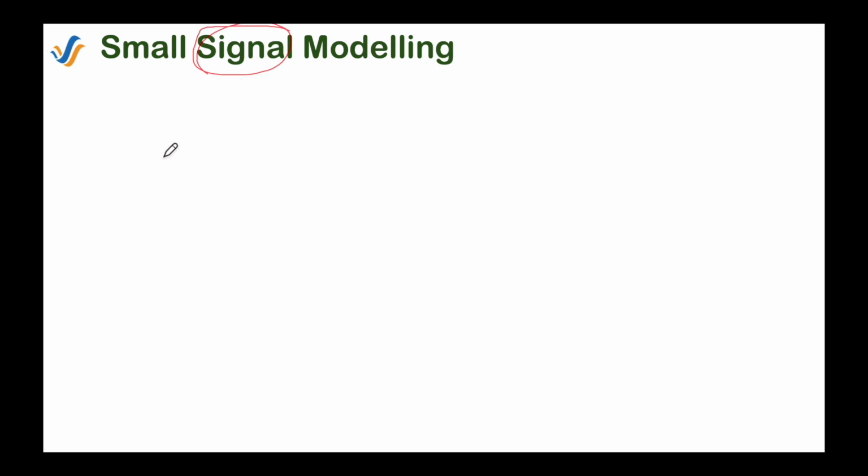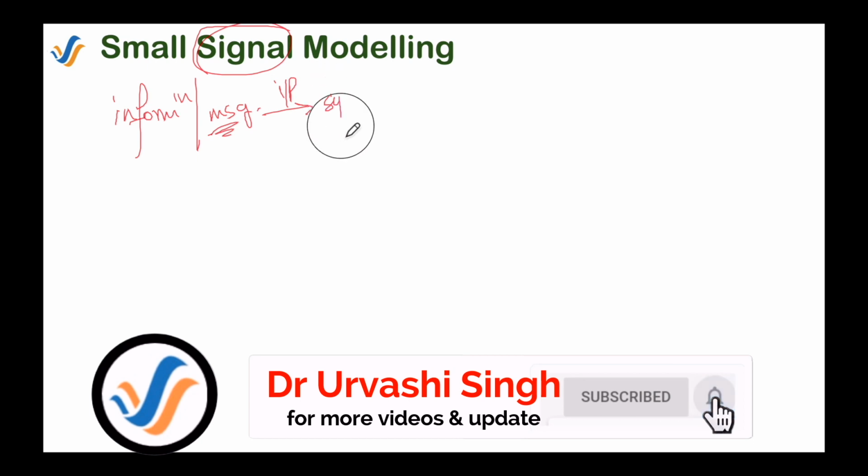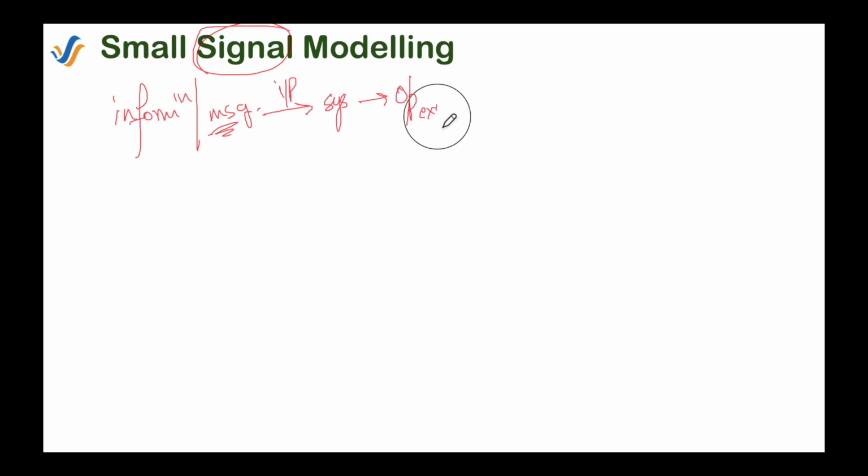So signal is the core information, or we can say the message in the communication systems. We use the term message. So this is the information or the message which is given as input to the electronic circuit or the system, where the designer or the user is expecting some output. That output is calculated.